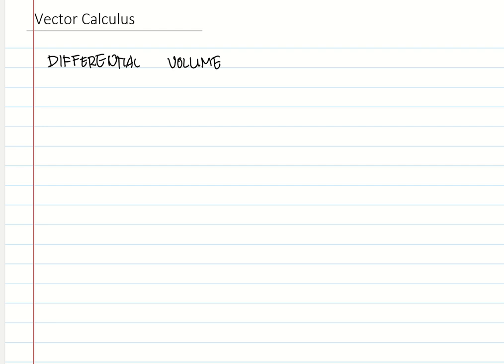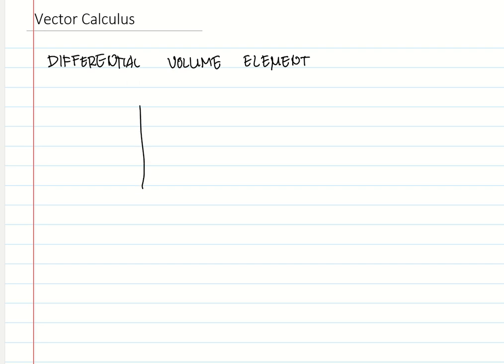Derivatives means when you take the change in y over the change in x, when delta x approaches zero. That's the definition of a derivative. It means this is a very, very small quantity. So if I say differential volume element, then this is a volume that is very, very small. So you take a piece out of a whole volume that is very, very small.